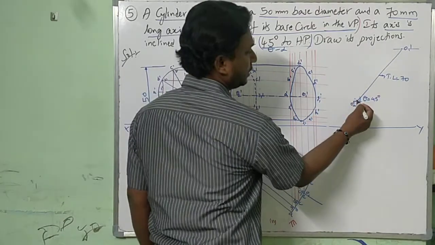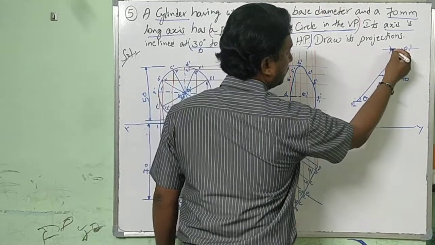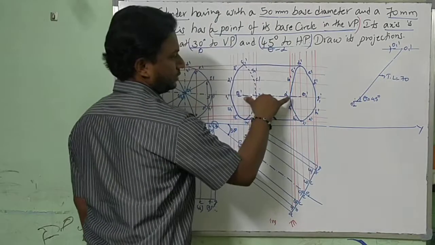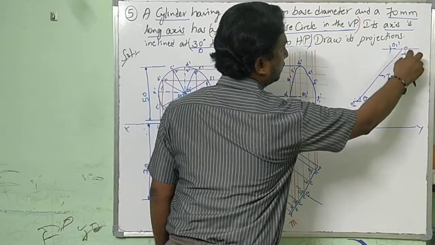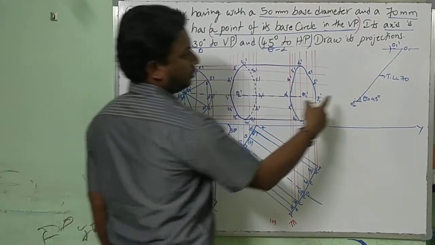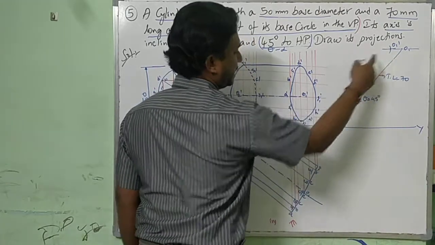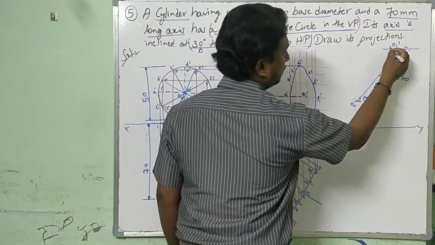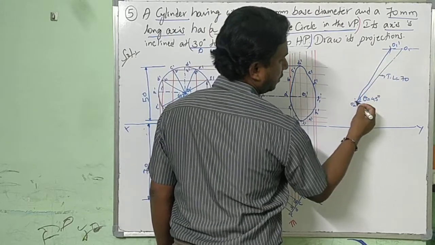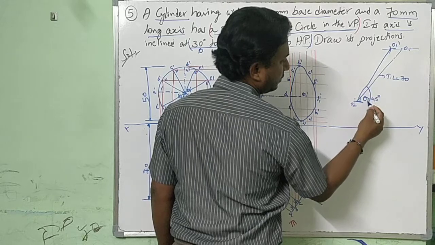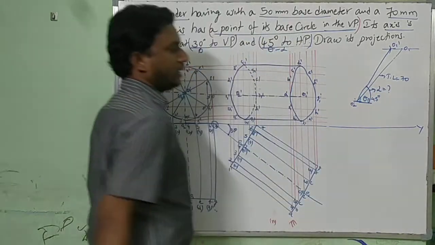So measure this, place the center, cut the arc. Now here this is O1 dash. O2, O1, this is the true length. On that O2, the same points, O1 dash I have marked. Why? Because of the diminishing length. Draw a line here. Now measure this angle, which is alpha, the apparent angle.